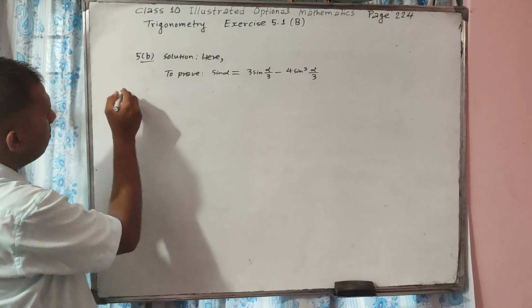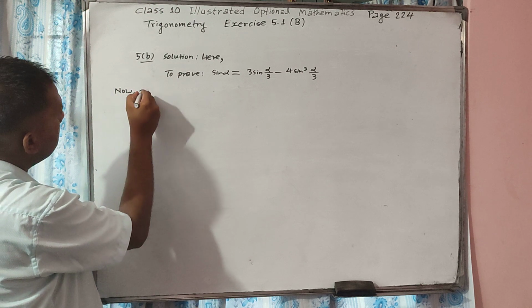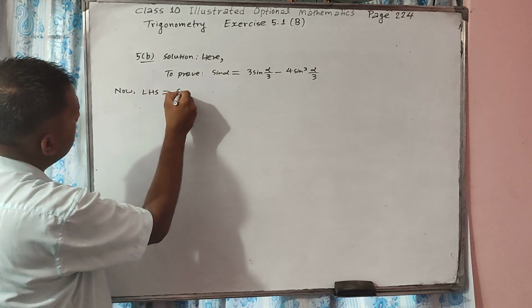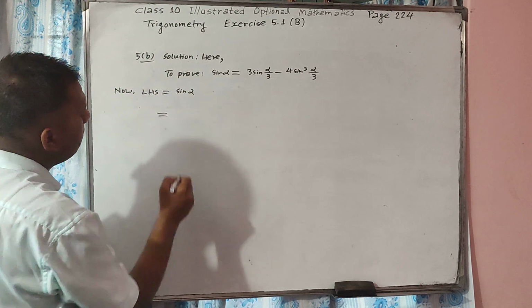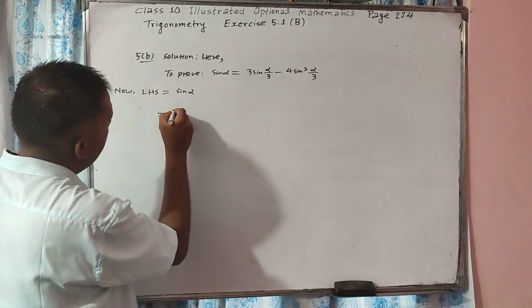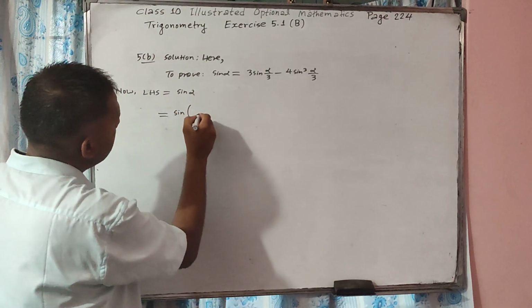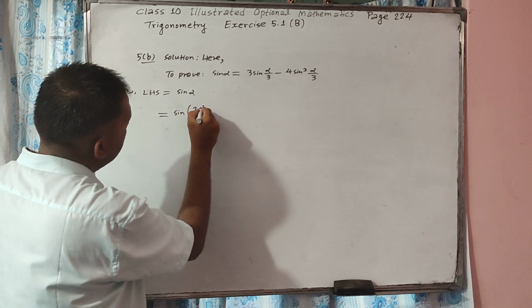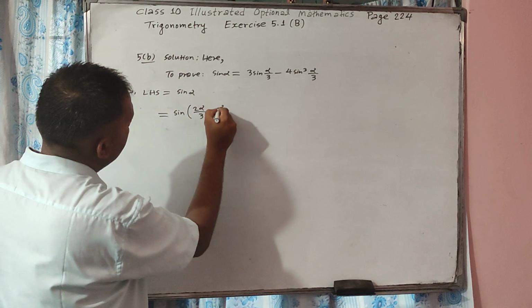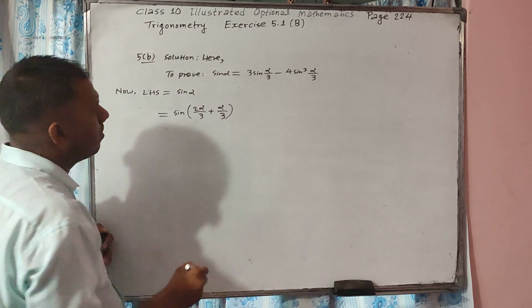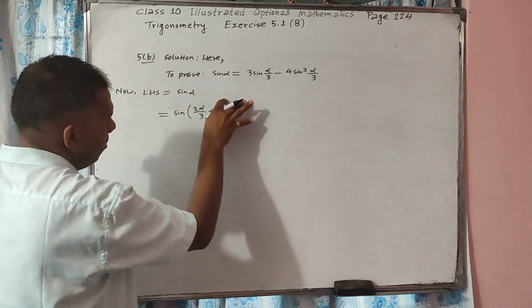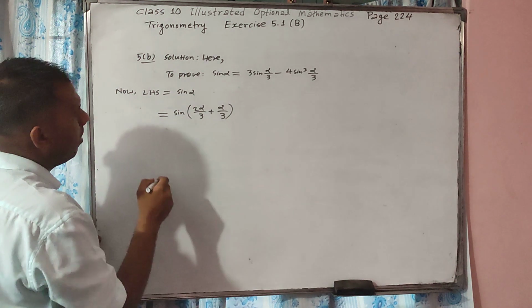Now LHS equals sin alpha. Writing alpha as 2 alpha by 3 plus alpha by 3: 2 alpha plus alpha is 3 alpha by 3, that is alpha.